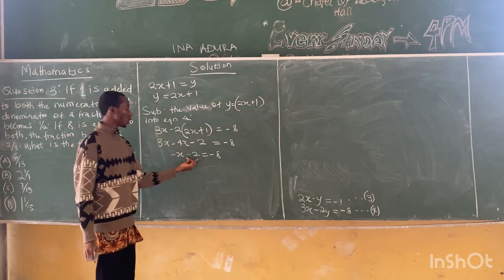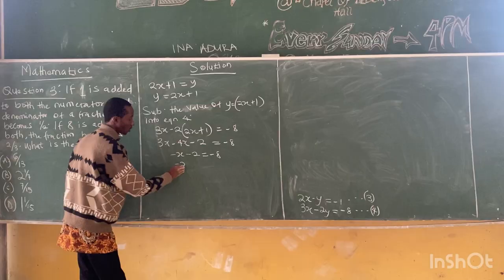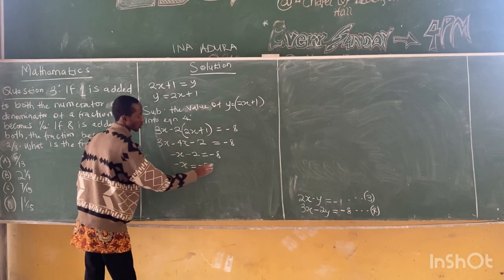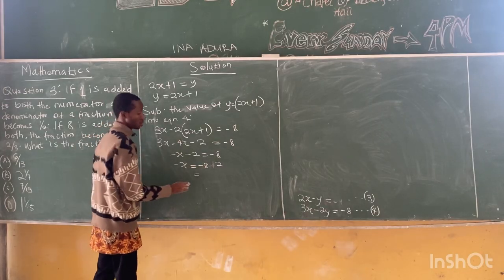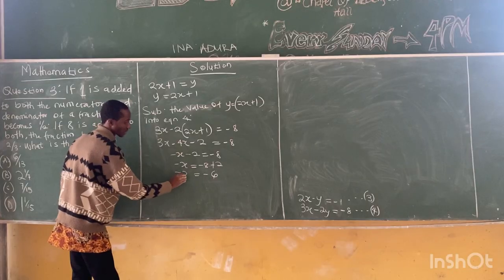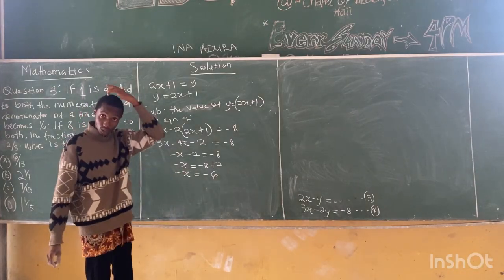When 2 crosses the equality sign to the other side, it becomes minus x is equal to minus 8 plus 2. Minus 8 plus 2 gives us minus 6. Don't forget, we have minus x here. We are looking for x and not minus x.